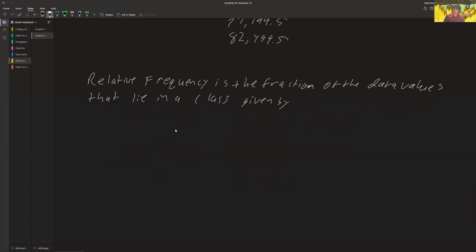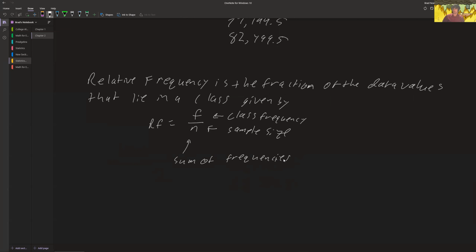Given by the formula, my relative frequency equals f over n, where f is my class frequency and n is my sample size. Now, if you're not sure what your sample size is, your sample size is just the sum of your frequencies. So you just add up all of your frequencies of each class.